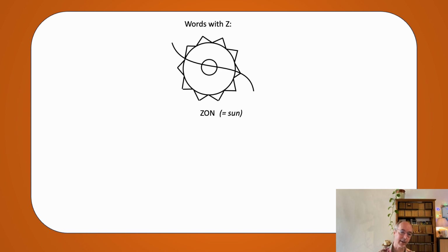It is very basic how we perceive the sun.